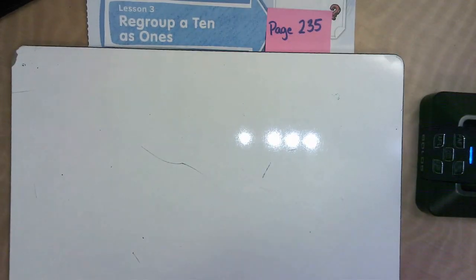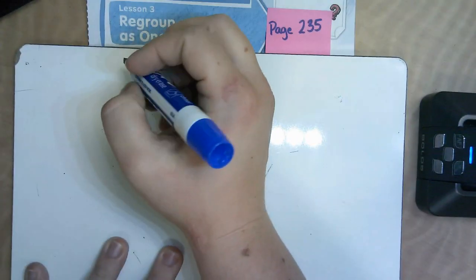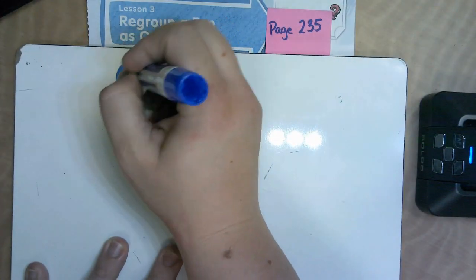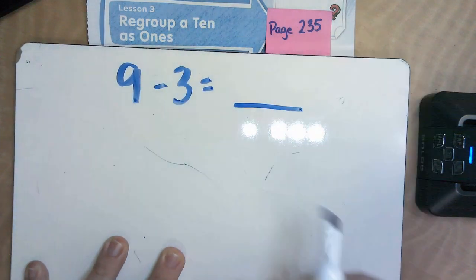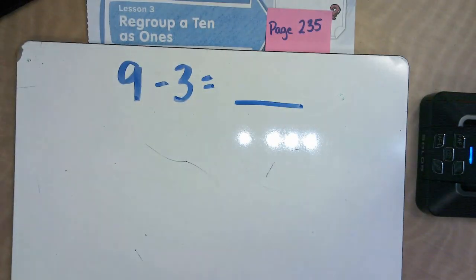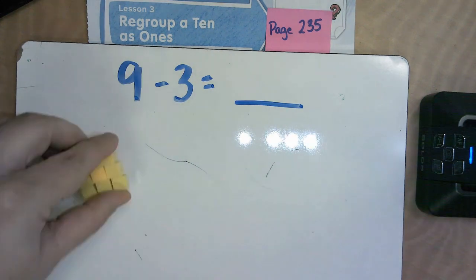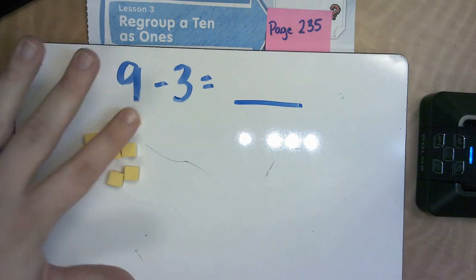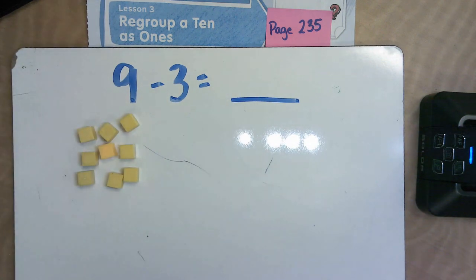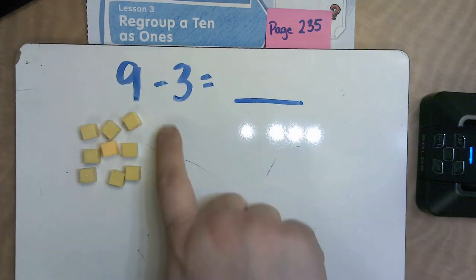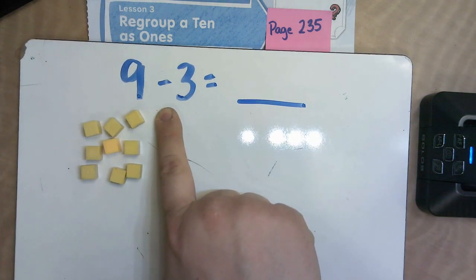So I'm going to show a subtraction problem, all right? Something like 9 minus 3 equals. If I'm using my cubes, here are my 9 cubes. I've got 3 rows of 3, and so that's 9. Minus means taking away, so I'm going to take 3 of them.